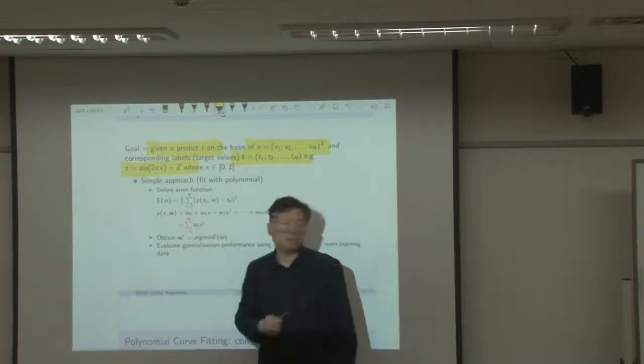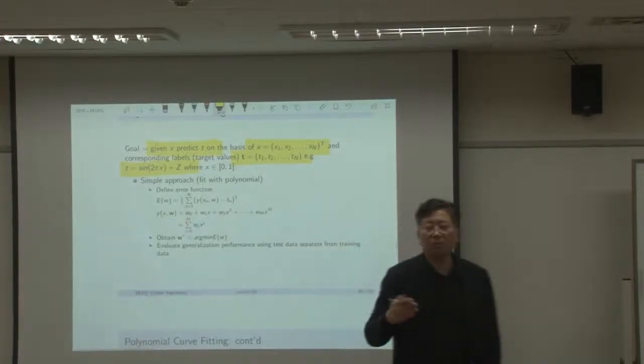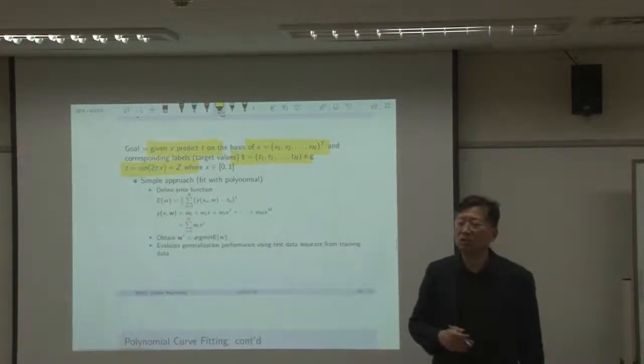So if we're going to linear basis function, I define what a linear basis function is.